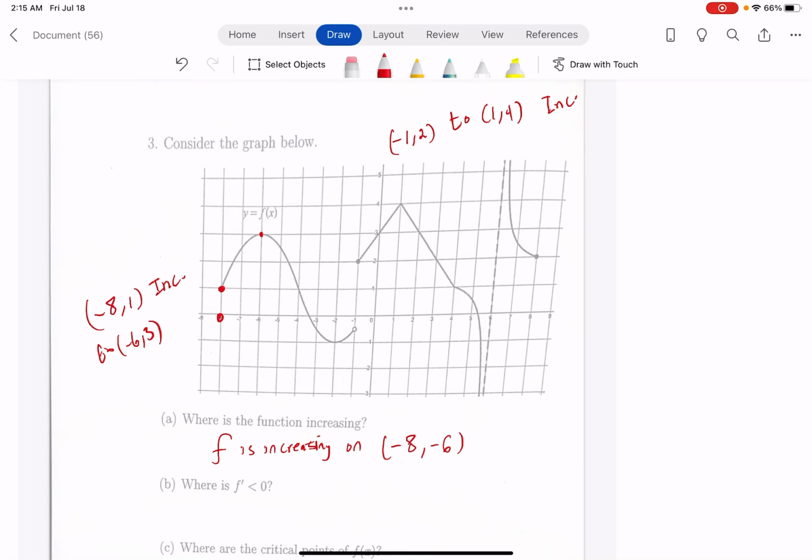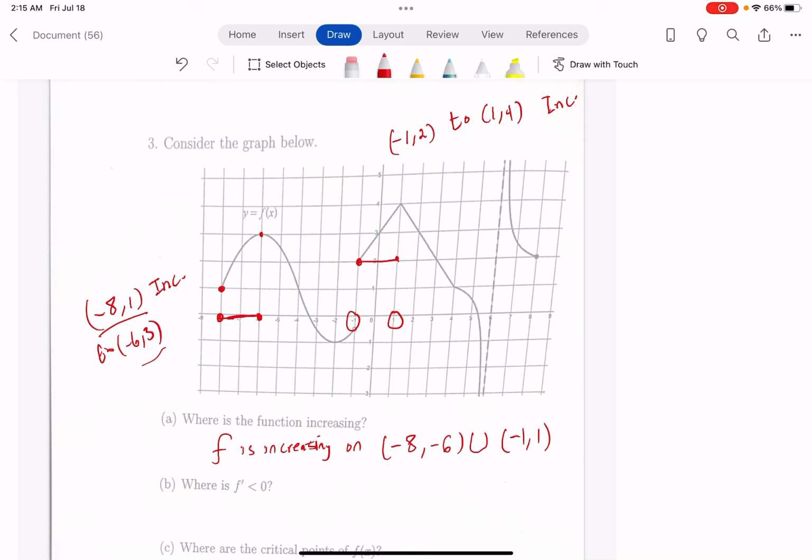This is the interval where it is increasing. And it is also increasing, united, from -1 all the way to 1. So these are the intervals where the function is increasing.